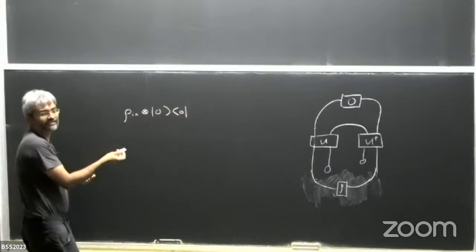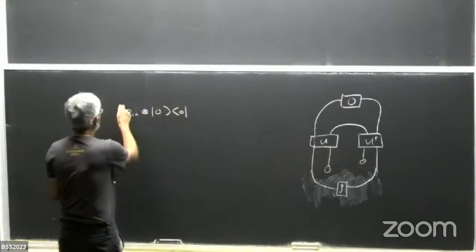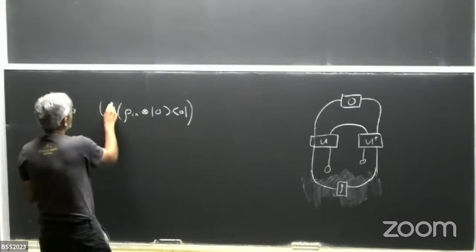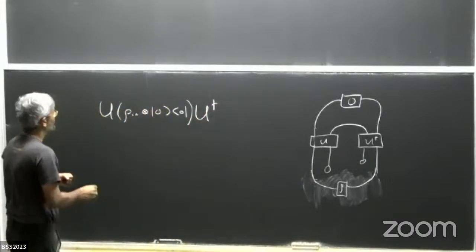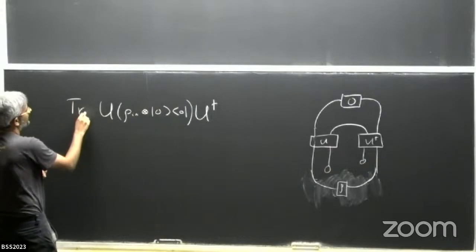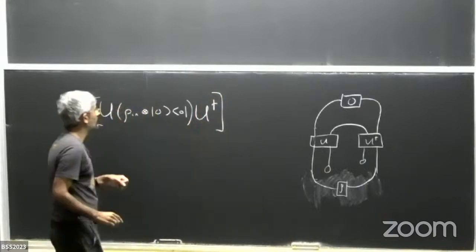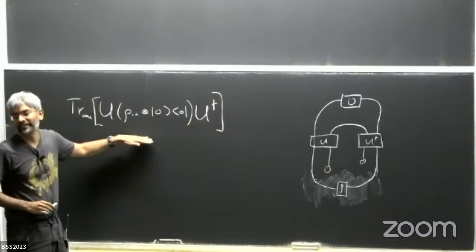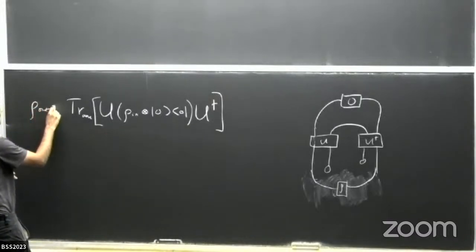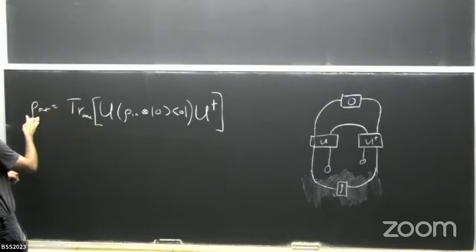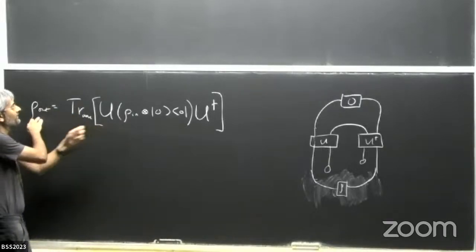That's the bottom of my diagram. And now I apply U and U dagger. Now I do a trace over the ancilla. This is my output state, which is equal to rho out. That's the channel acting on the input state. It takes the input state and brings out an output state.